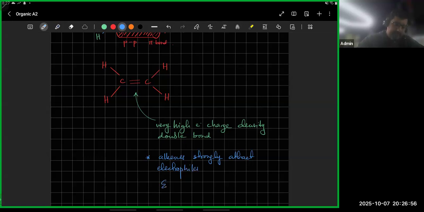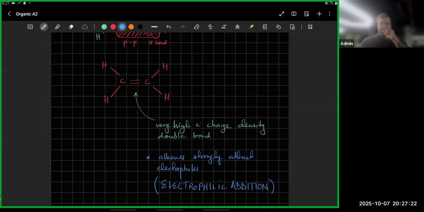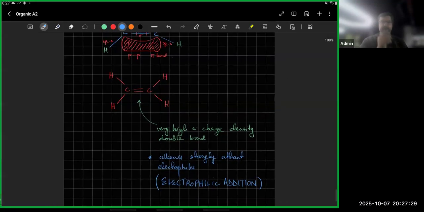And therefore, most of the reactions are electrophilic, and specifically electrophilic addition reactions. Okay, is this clear? Yes, this is clear to everyone. Electrophilic addition, we studied it in AS, the same thing, right? Isaac, Qasim, also yeah.